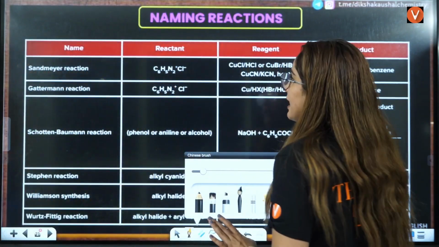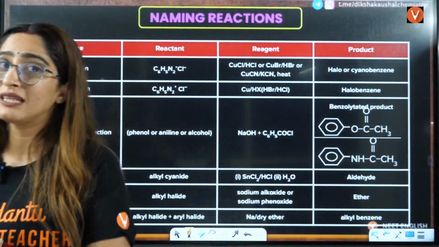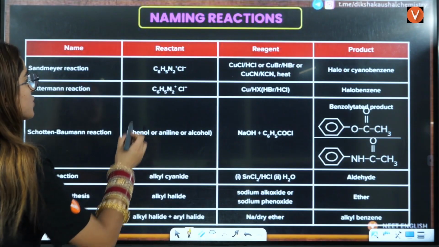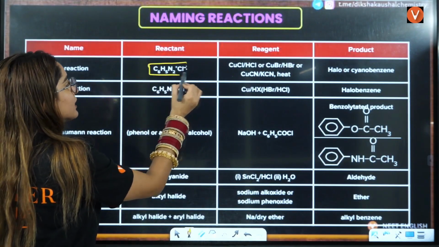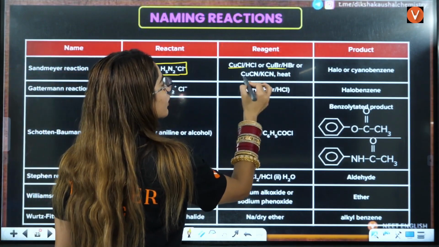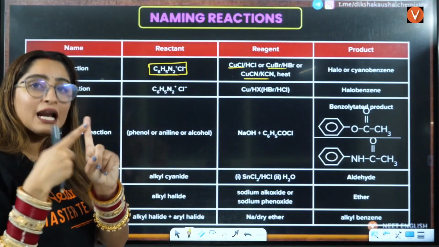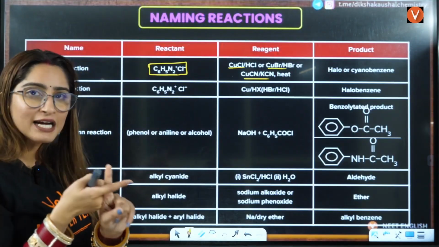Next we have Sandmeyer's and Gattermann reaction. So these two are diazonium chloride reactions. So what you have is diazonium chloride here. When you add, let's say, any salt here, right, then what will happen? This will be converted to, this is when you add salt, that is Sandmeyer. When you have powder, that is Gattermann reaction.